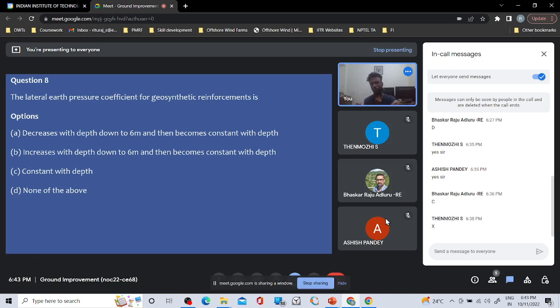You need to define the earth pressure coefficient for geosynthetic reinforcement, and how it varies with depth. Options are given. It decreases with depth down to 6 meter and then becomes constant with depth. It increases with depth down to 6 meter and then becomes constant with depth. Whether it's constant with depth, or none of the above.